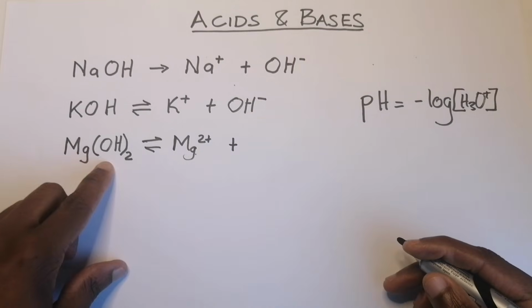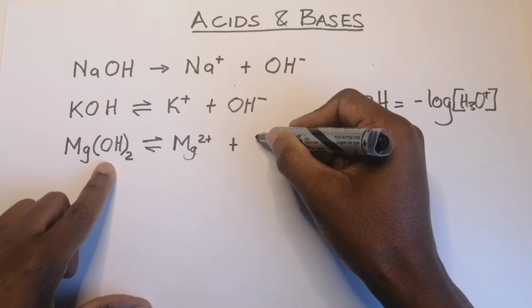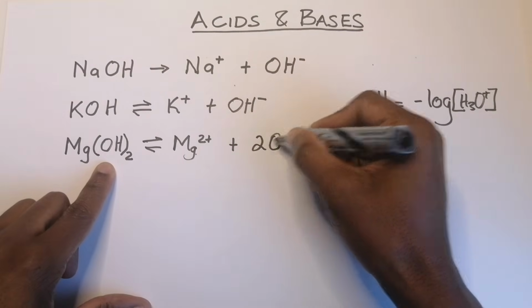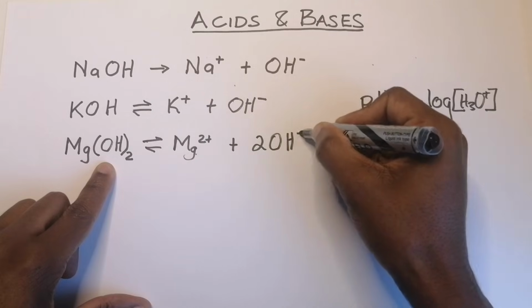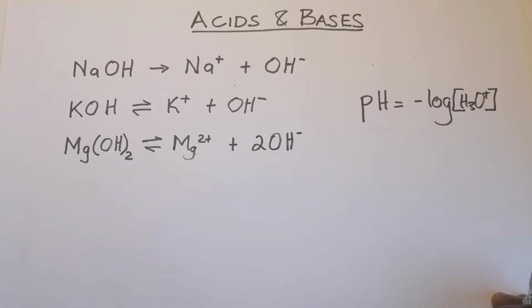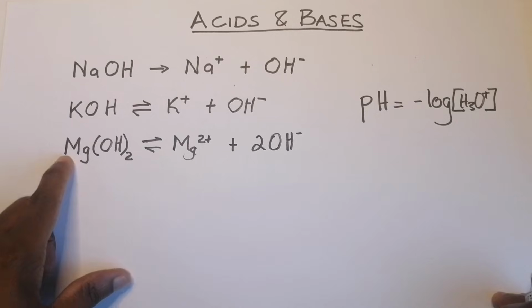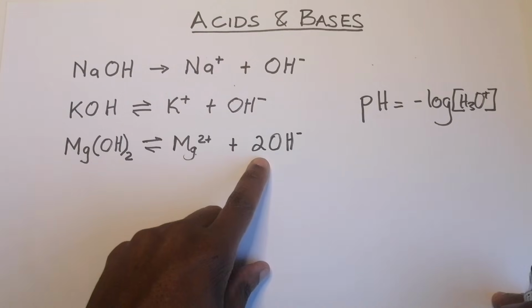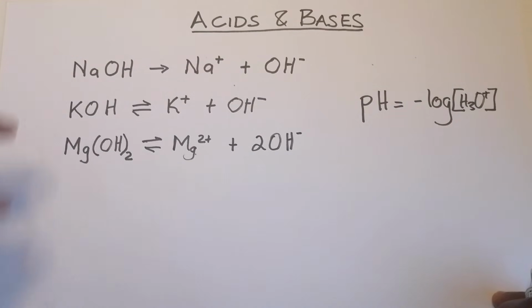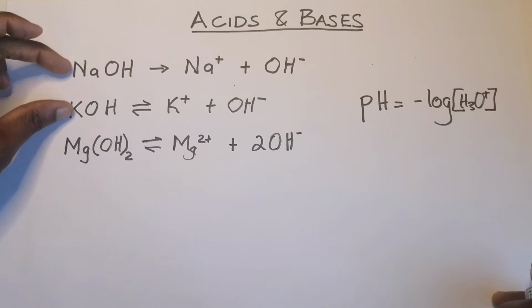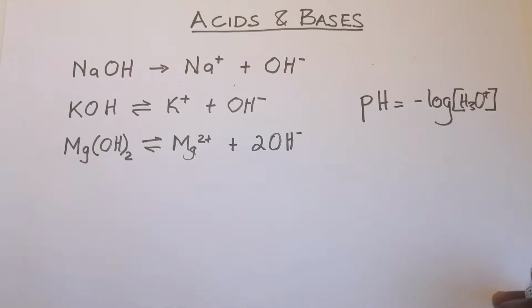And notice, because it has two of those, therefore it would give you 2 OH minuses, right? 2 hydroxide ions. So for every one of that, you'd get 2 of those. But for these 2 that we had, by the way, we know that these ones are the strong bases that we have, right? So for these 2, you only get 1 hydroxide ion each, right?